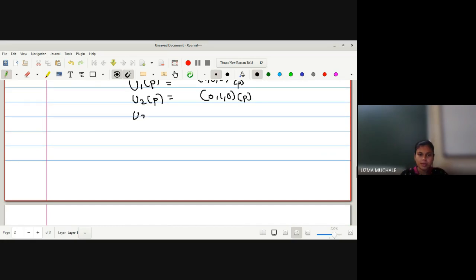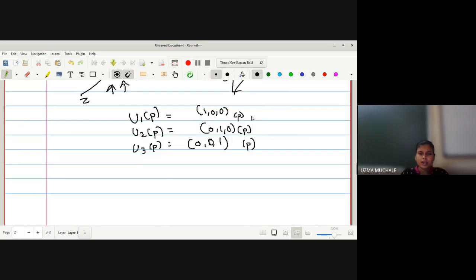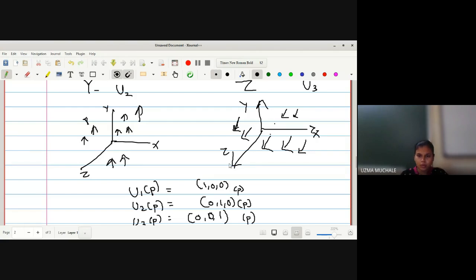U3 at P is 0, 0, 1 at a point P. So we are collecting unit tangent vectors which are going in the direction of the z-axis, that is 0, 0, 1 at a point P. So at every point P, we can have one tangent vector. Okay?